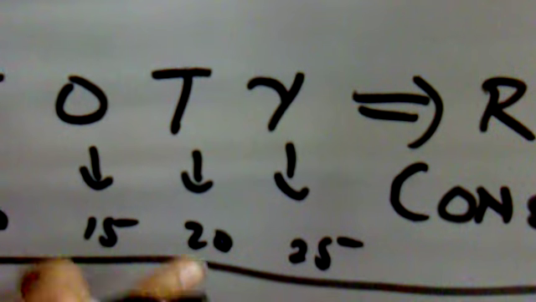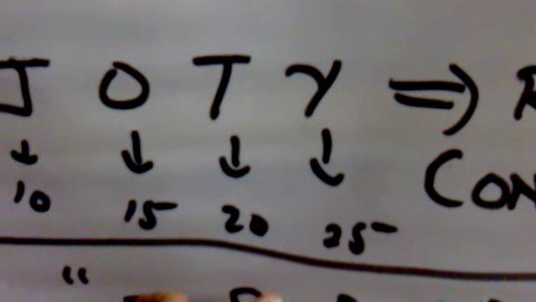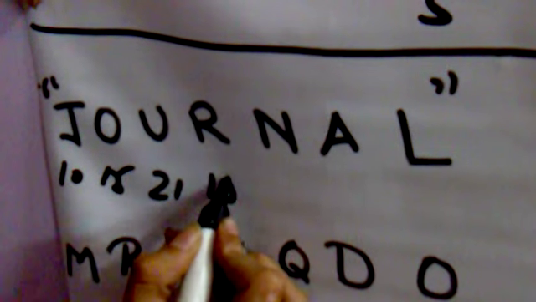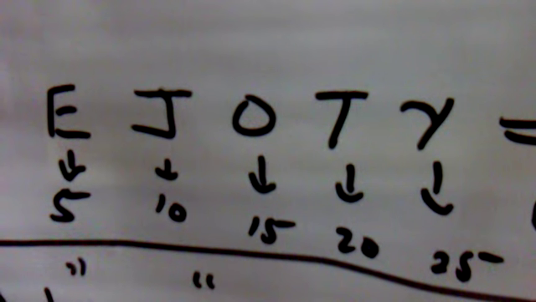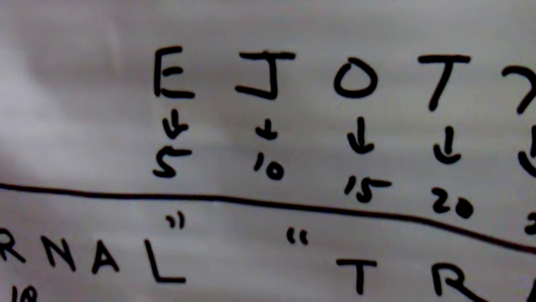What is the value of R? It comes 2 before T, so the value of R is 18. What is the value of N? N comes in MNO, it features just above O, so the value of O is 15 and N is 1 less than O, so the value of N is 14.